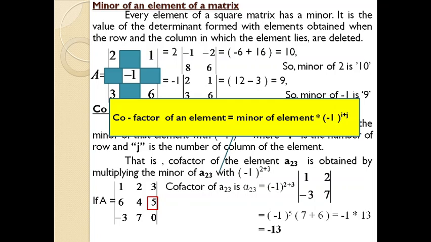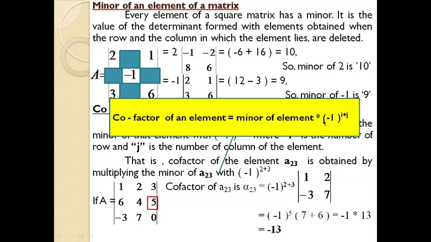So I hope you understand what is meant by the minor of an element and what is meant by the cofactor of an element. For computing the cofactor, you need to know the minor. And remember the signs. Here, the minor of an element into minus 1 raised to i plus j. In some texts and by some authors, they have used an equation: cofactor of an element equals minus 1 raised to i plus j into minor of an element.